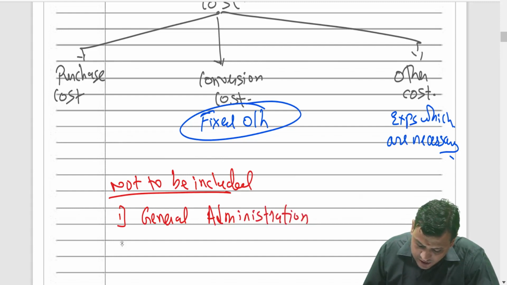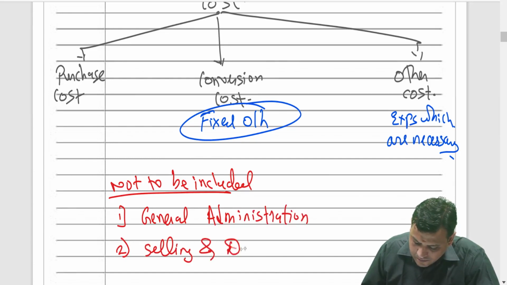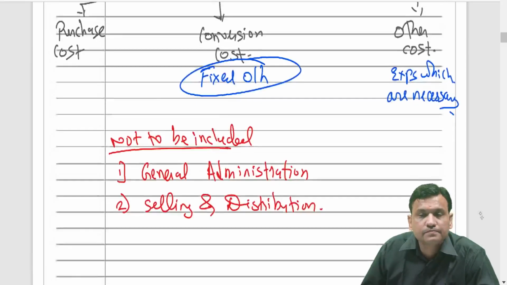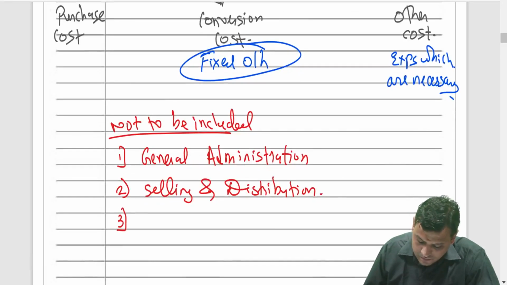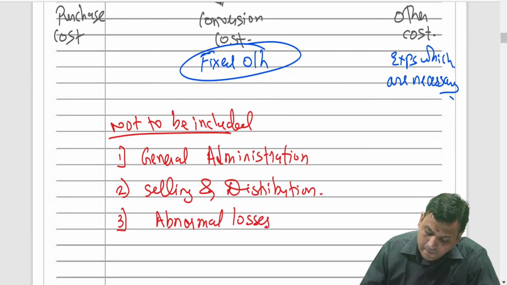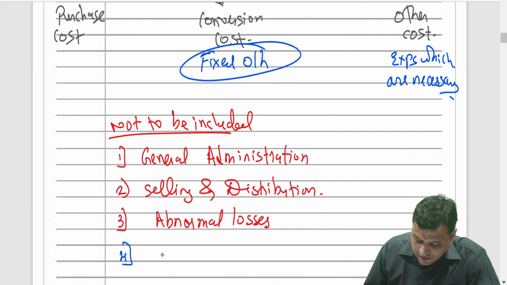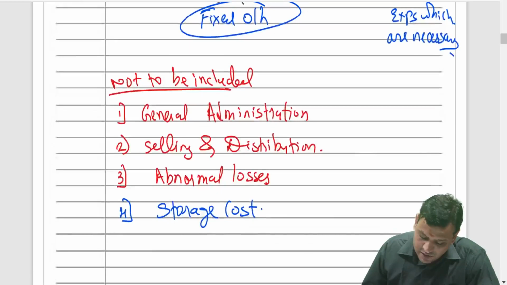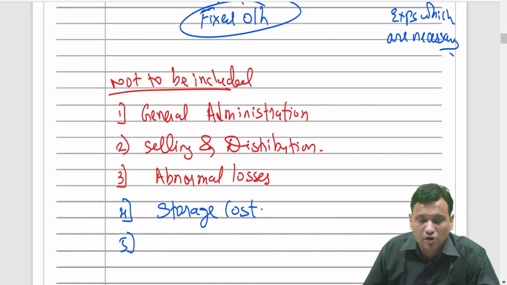General administration, selling and distribution. Thereafter, my dear, abnormal losses. These are not to be included. Of course, as far as these two are concerned, it may not apply. Like storage cost, if it is necessary, part of my production, it will be included. Otherwise, it will not be included.